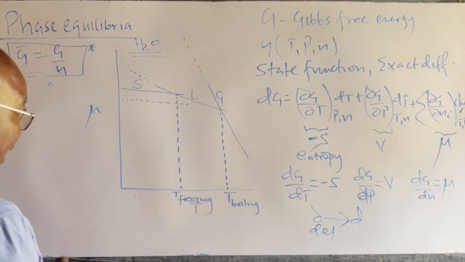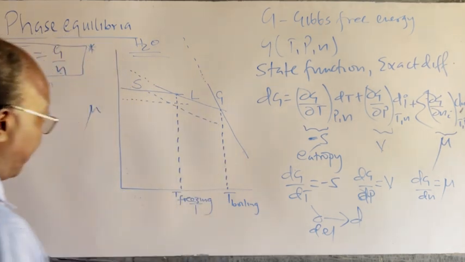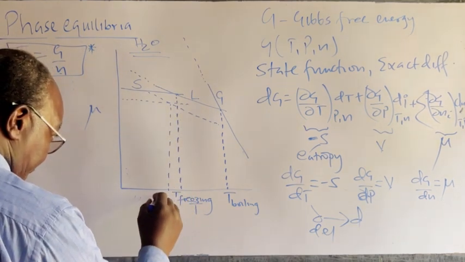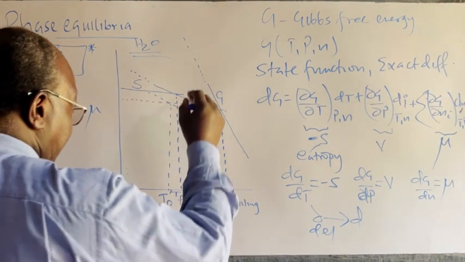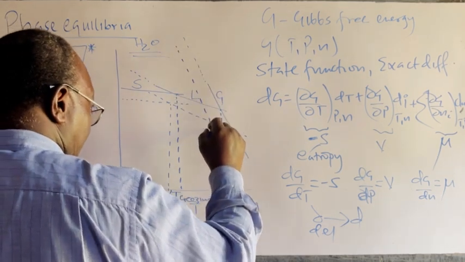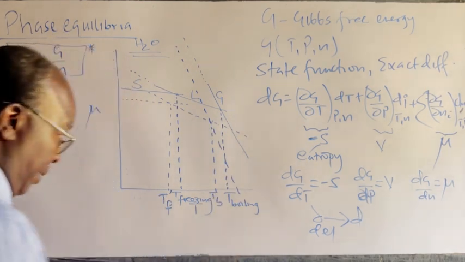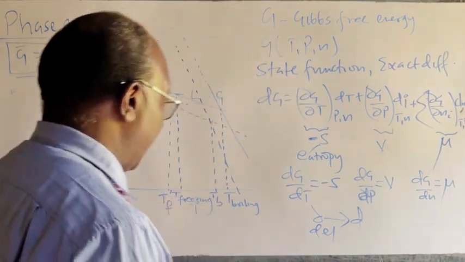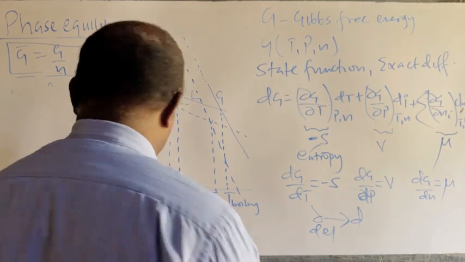That line representing the solid will drop down, and that representing the liquid will also be lowered. And that now corresponds to a new temperature, let's call it TF prime. And you clearly can see there's a lowering in the freezing point. If we repeat that also by lowering the pressure, then we are going to lower the boiling temperature, TB. So when you lower the pressure, it affects the boiling and freezing temperatures. And we know the reason from elements of science and engineering.